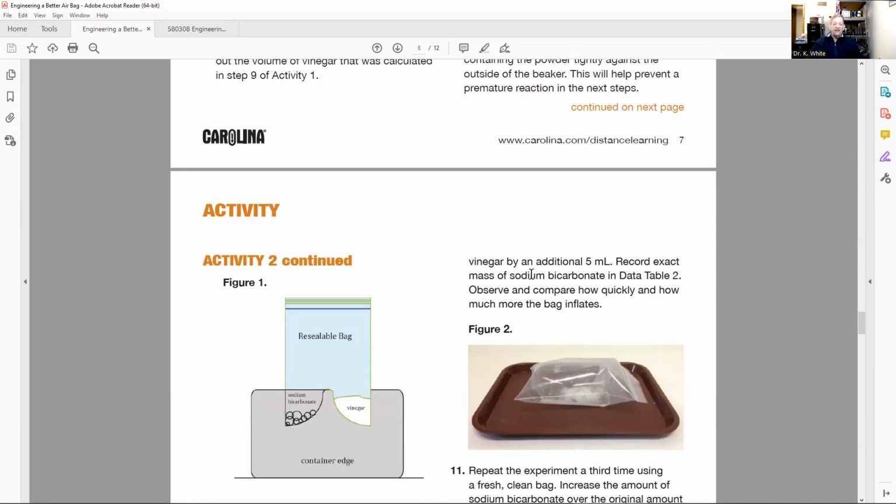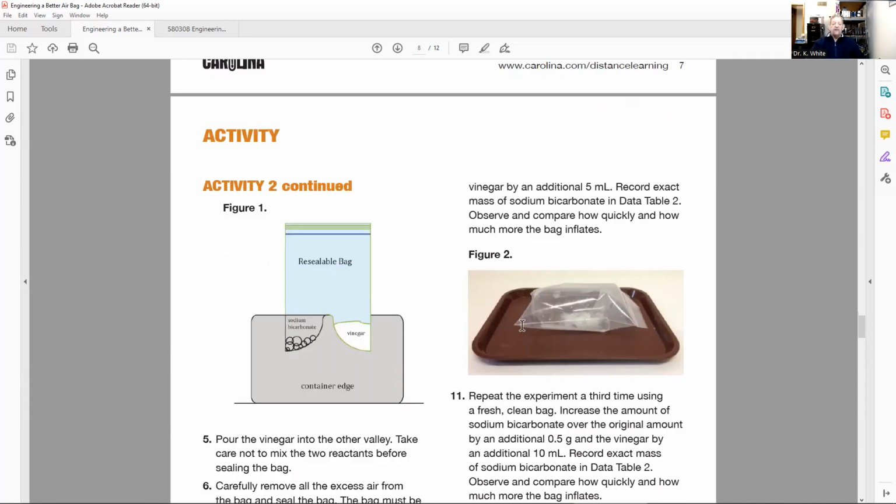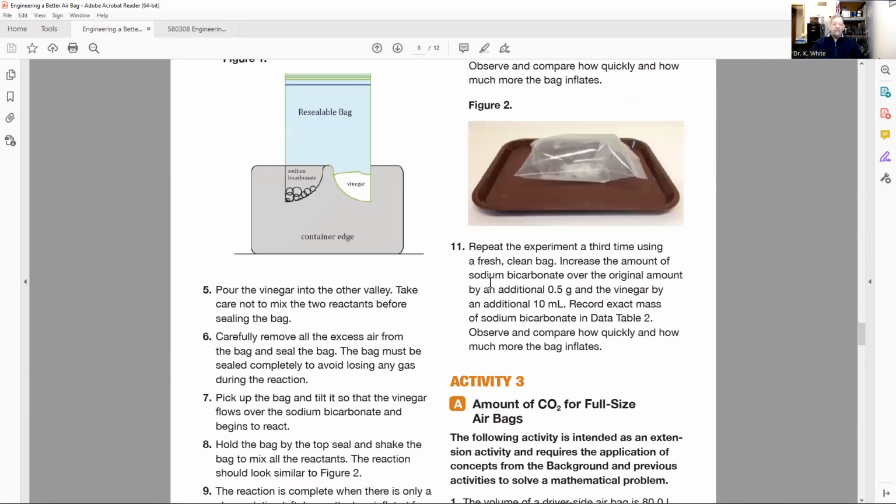If it was 10 milliliters, you'll add an additional 5 and you'll now use 15. And you'll do the same thing, put it in the valley, seal it, get the air out, shake it up, and see how much it's inflated. Then you'll repeat those same steps 1 through 9, but now you'll have the original amount in step 1 plus 0.5 grams of sodium bicarbonate.